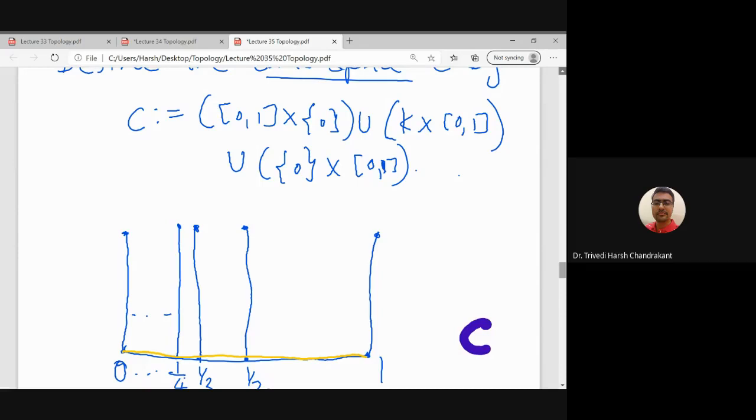So in particular, if you take n equal to 1, then this is singleton {1} cross [0,1], which is this vertical line segment from 0 to 1, right? The same way, if I take the element 1 by 2 in K, then it will be {1/2} cross [0,1], that is this vertical line.